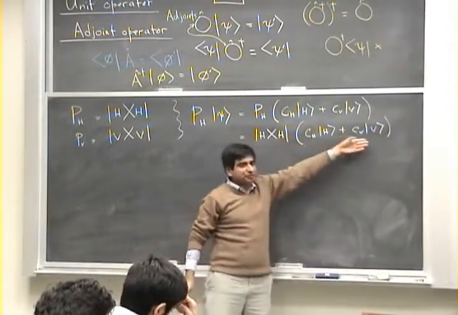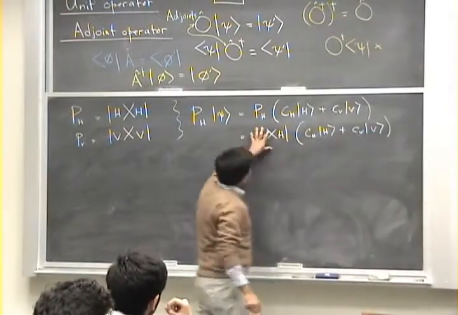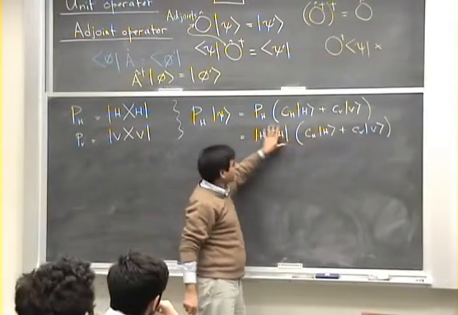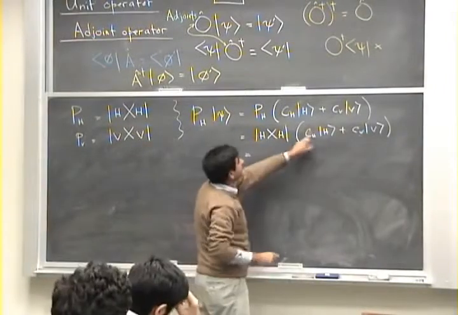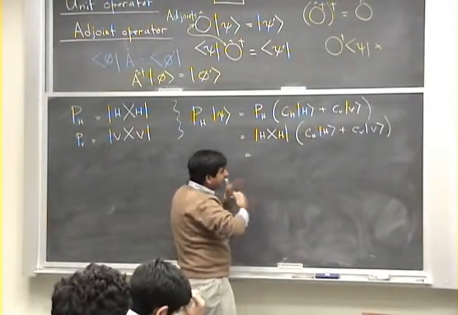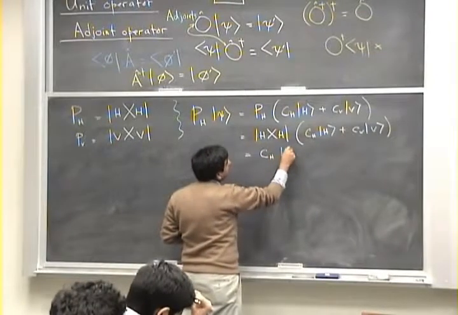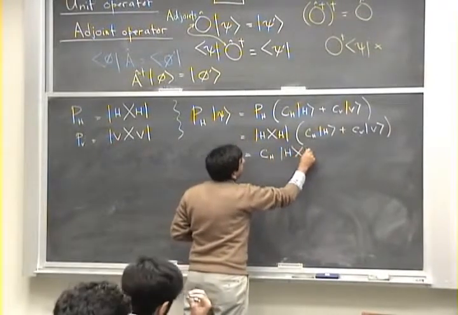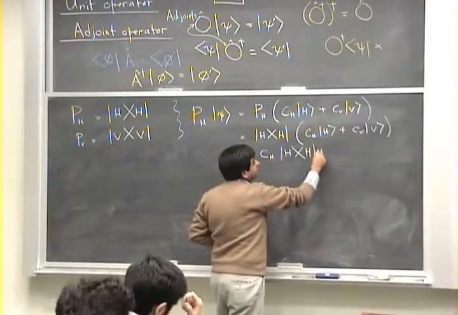Now this is a superposition of states. By using this linearity principle, this operator will act on this state and it will act on this state. Okay. So CH is a number, it's porous, it can move anywhere you like in this term. So I write CH followed by ket H, bra H, and what am I left with here? Ket H.